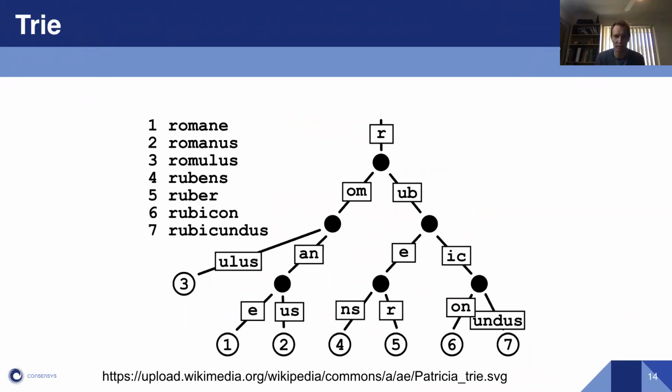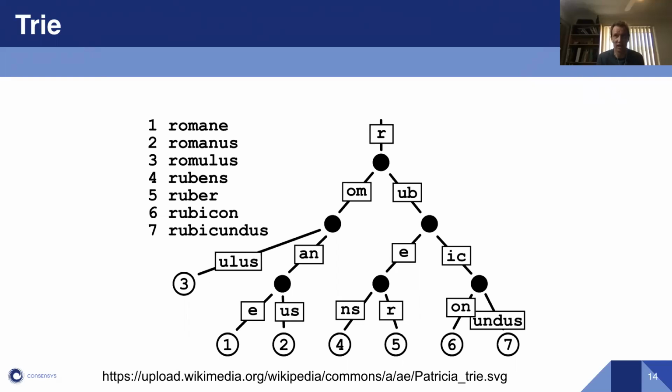So this is a tree, and it's an efficient way of storing data. In this particular case, we can see that there are 7 different words being stored in this tree as a dictionary, and the tree is a really efficient way of minimizing the number of bytes that need to be used to store all of these words.